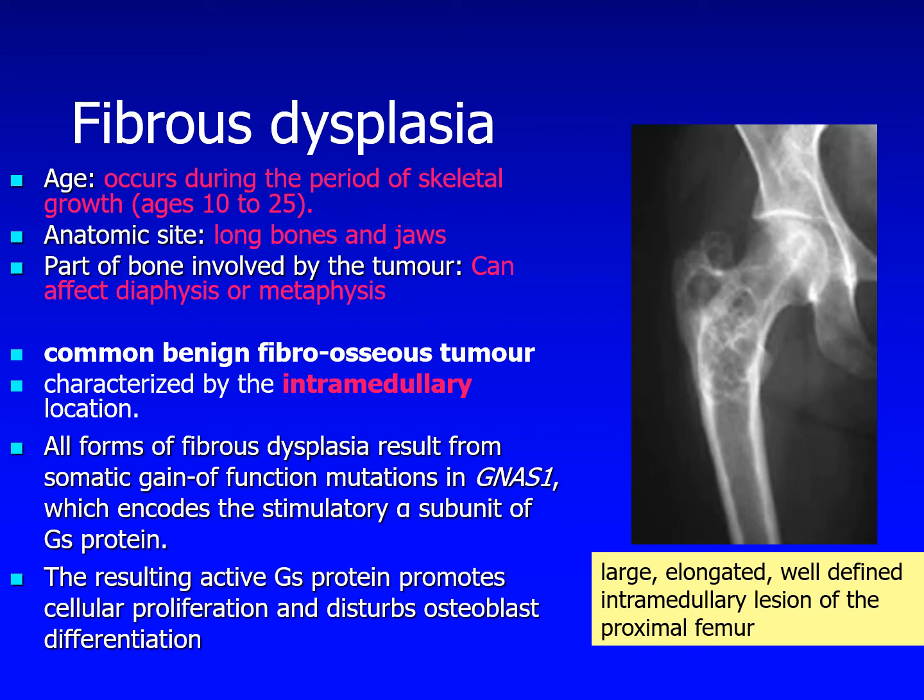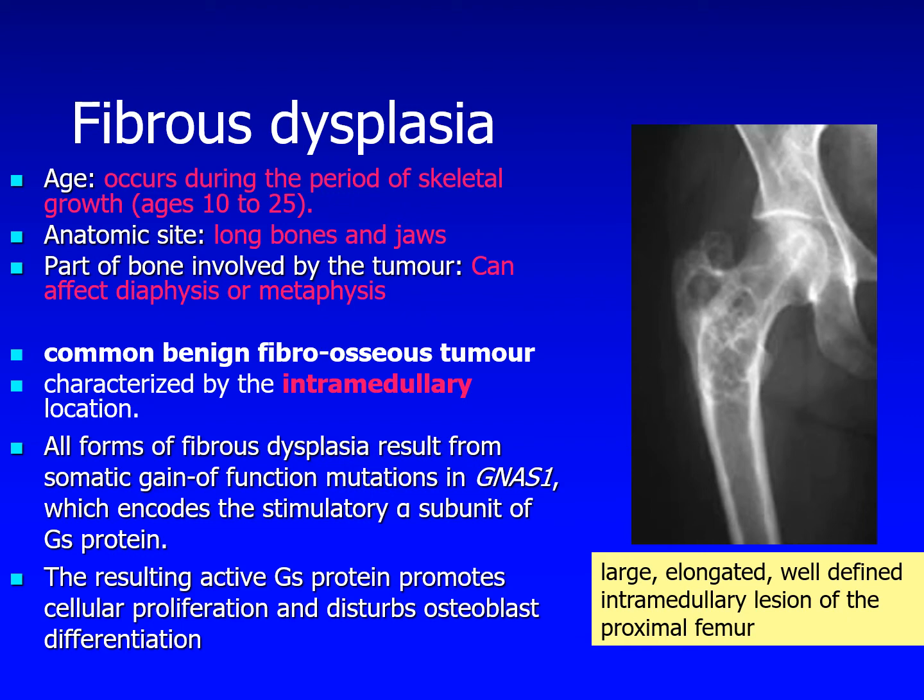Fibrous dysplasia is a tumor of the bone that usually occurs during the period of skeletal growth, within the age of 10 to 25 years old. The anatomic sites of presentation are the long bones and the jaws, and it can affect the diaphysis or metaphysis. This is a common benign fibro-osseous tumor which is characterized by intramedullary location.